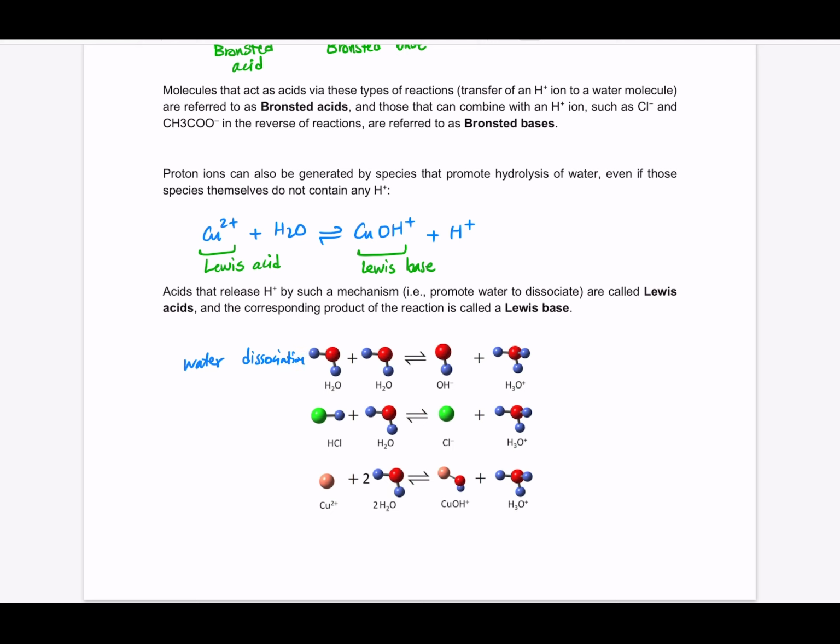We also have Bronsted acid, which has the proton ion directly, or Lewis acid, which doesn't have any proton, but eventually you're introducing, in this case, hydronium to the system.